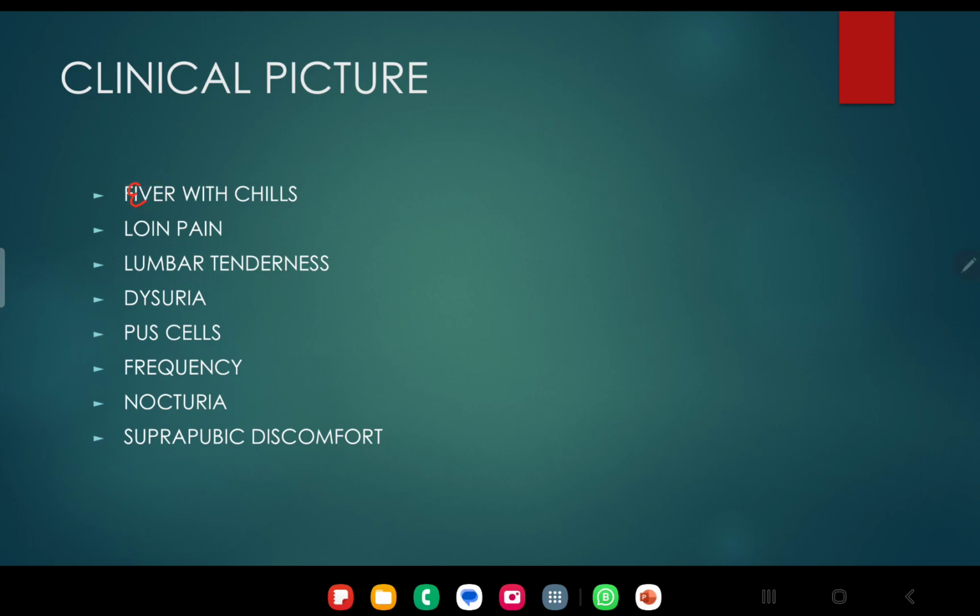This is fever, with chills, meaning shivering. The patient will have loin pain and back pain, abdominal colic pain, lumbar tenderness, and dysuria. What does dysuria mean? Dysuria means discomfort or a burning sensation during urination.